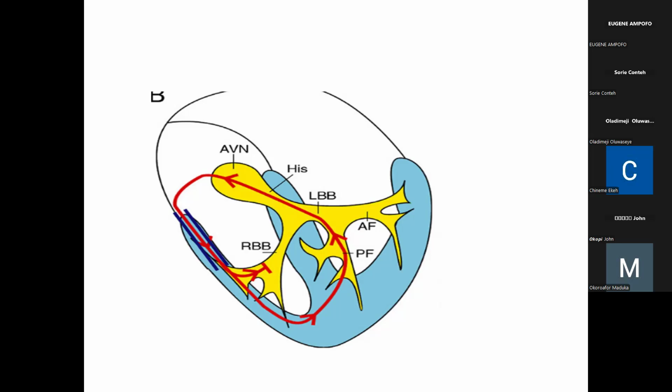Okay, so in this kind of patients, you will see the time interval it takes to conduct down through the aberrant pathway and the time interval it will take to conduct back up. So the antidromic would always give you a long RP interval, meaning that it depolarizes the ventricle first and goes back to depolarize the atrium.